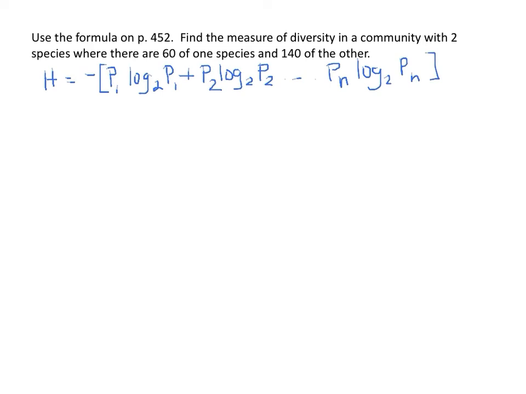So what you need to understand is what these numbers actually represent. This P sub 1, in this case, is equal to the amount in species 1 divided by the total amount there are. So there are 160 plus 140, which is 200. And then P sub 2 will be 140 because there are 140 divided by 200.